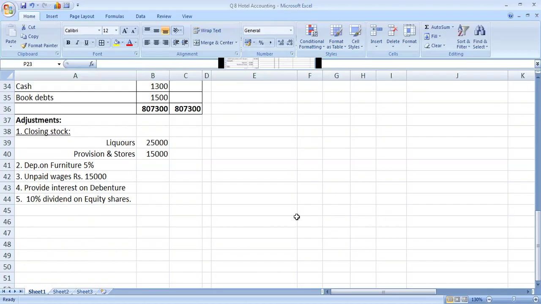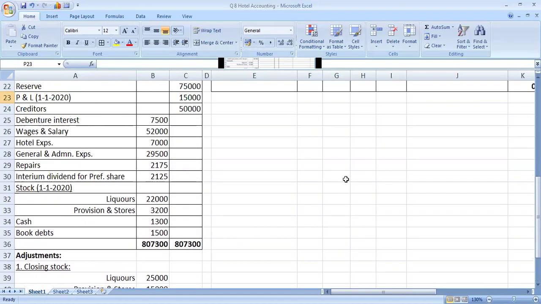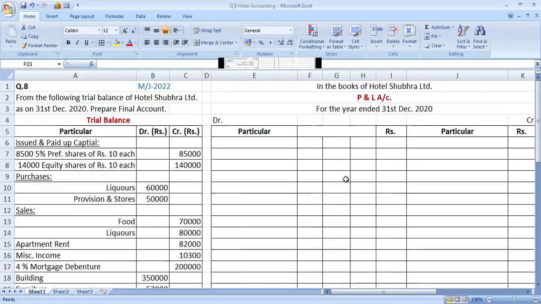It goes to the profit and loss appropriation account debit side 14,000, and the second effect goes to the balance sheet liability side under the heading of provisions. Now I am taking the solution of this question.